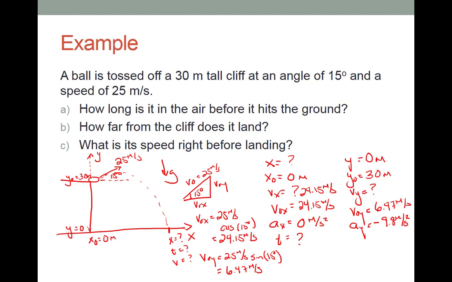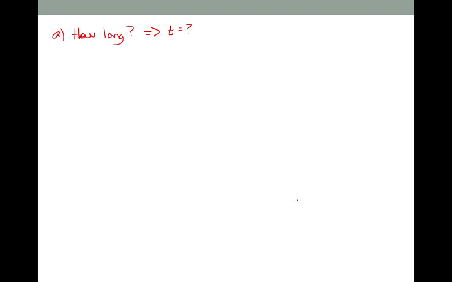And that involves both x and t, which I don't know. So the horizontal information is not beneficial to me. However, the vertical information does give me the information I want. Regrettably, the easiest way through that is using the y equals y naught equation, and it leads to quadratic formula.